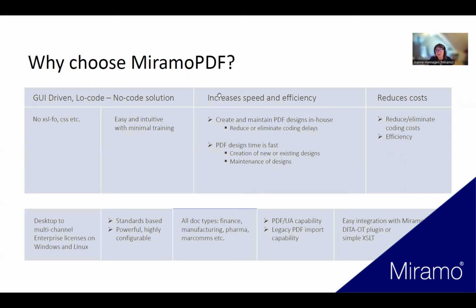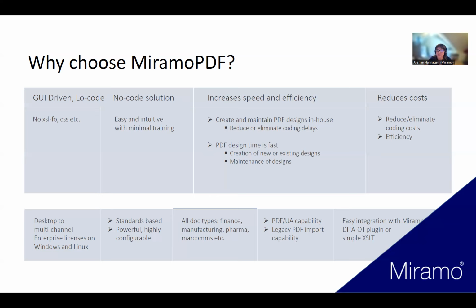All this means that you can increase the speed and efficiency of your documentation processes, because it allows you to create and maintain your PDF designs in-house. And this also reduces the delays in outsourcing your coding to another department or an external consultant. Also, the PDF design time is very fast.